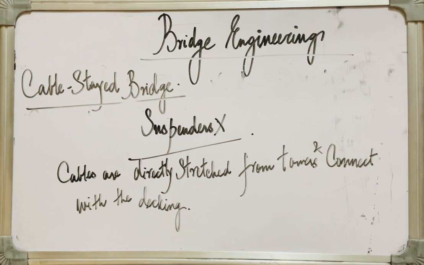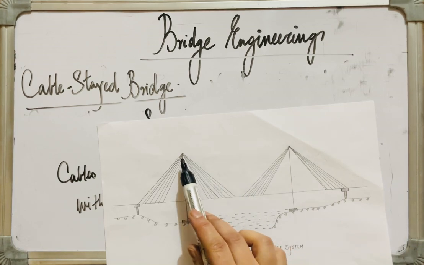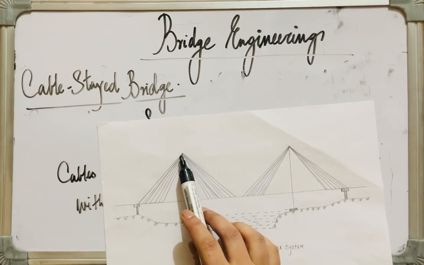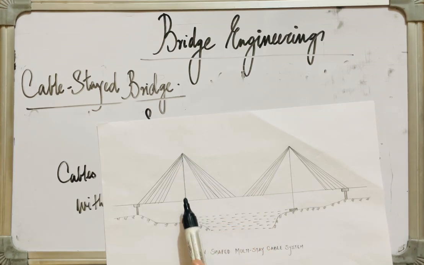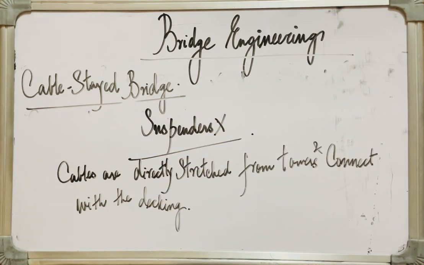But in case of a cable stayed bridge, there are no hangers. Cables remain directly suspended from the tower on the one end. They are connected to the tower on one end, and they are also connected to the bridge girder on the other end. That means no suspenders are there.